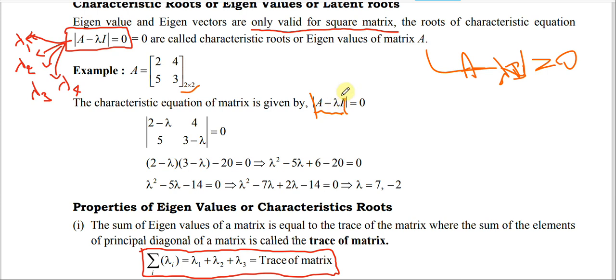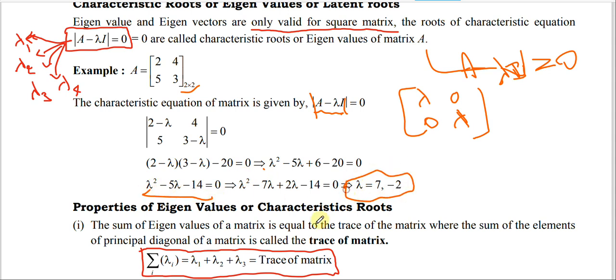I is the identity matrix; multiplied by lambda, the diagonal elements 1 become lambda and the off-diagonal elements remain 0. Subtracting from A, we get 2 minus lambda, 5 remains the same, 4, and 3 minus lambda, and its determinant equals 0. This is our equation, and on solving it we get 2 eigenvalues.